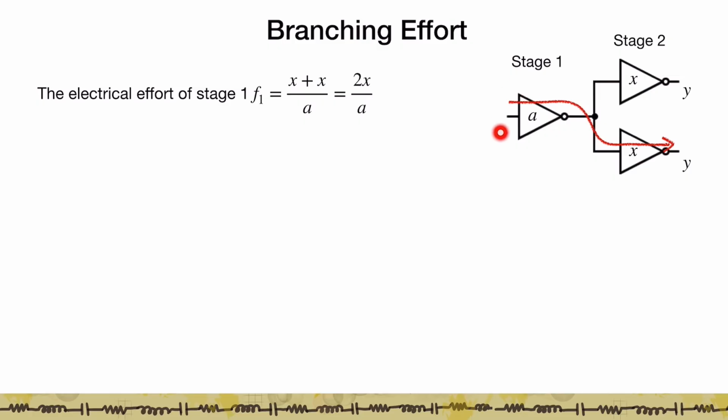So if I look at the electrical effort of stage 1, it is nothing but 2 times X divided by A, since the output capacitance of stage 1 is contributed by the input capacitance of this inverter and this inverter. The electrical effort of stage 2, however, in this path is only given by Y by X.